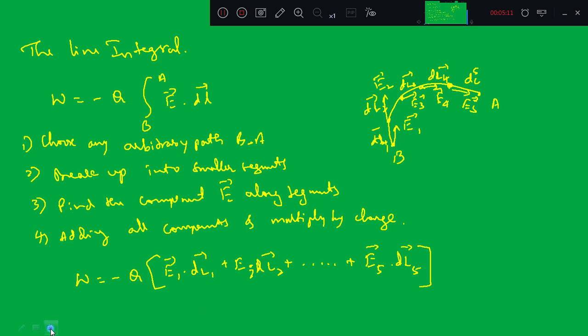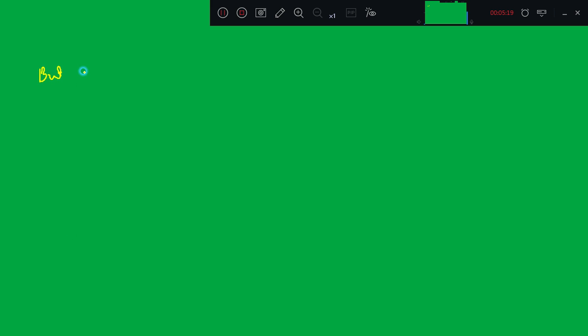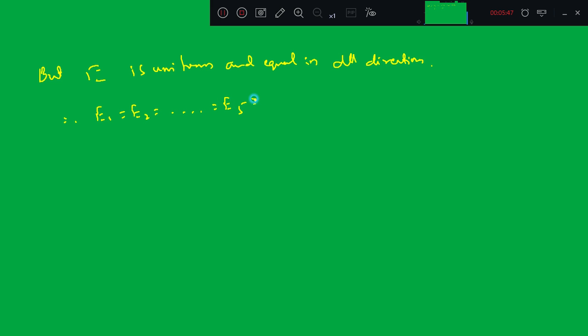But the E component is uniform and equal in all directions. So therefore E1 equal to E2 equal to, till E5, all will be equal to one E component.